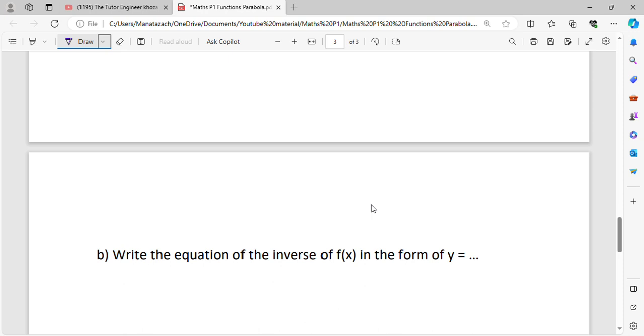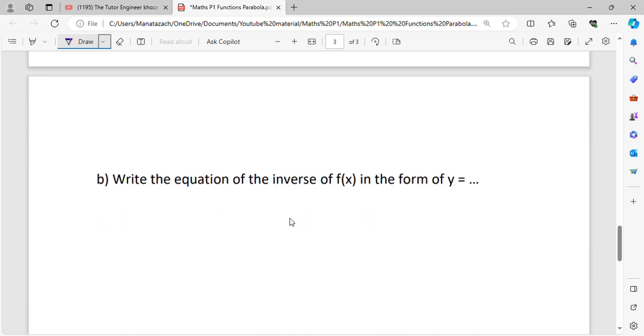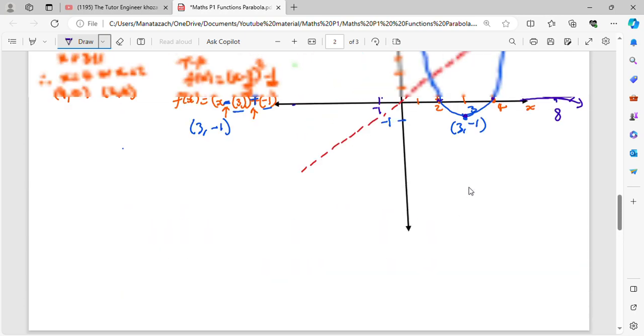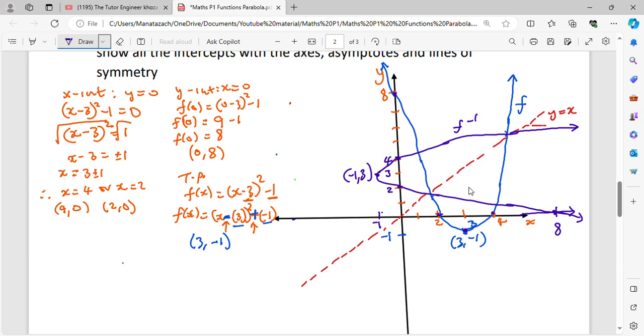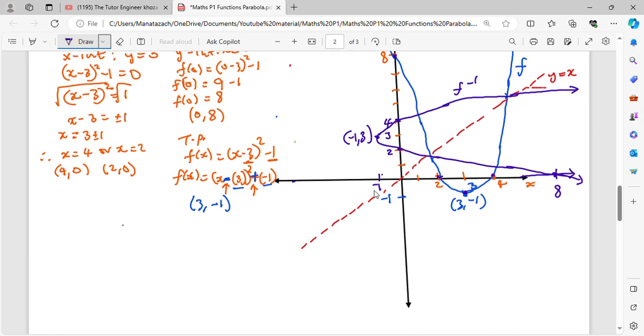Now the final question is, write the equation of the inverse of f of x in the form y is equal to. Let's write here question B. Remember, f of x is x minus 3 squared minus 1.